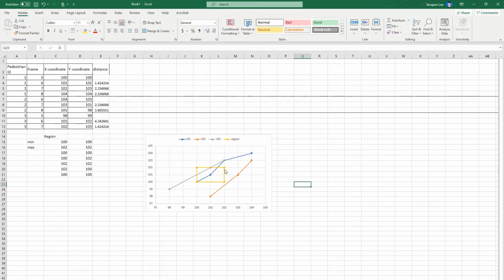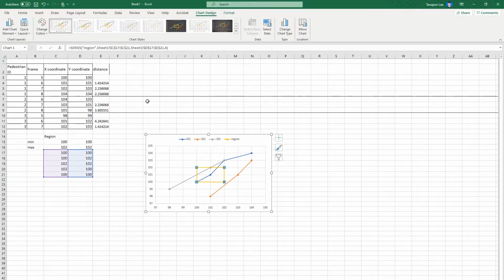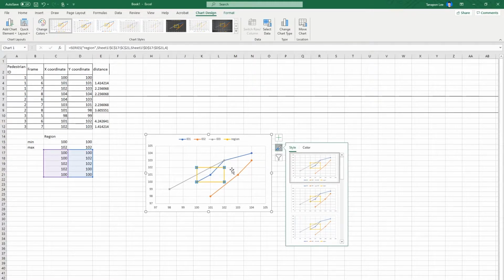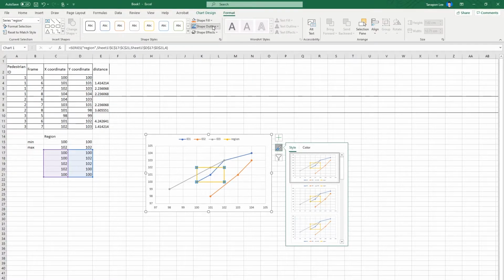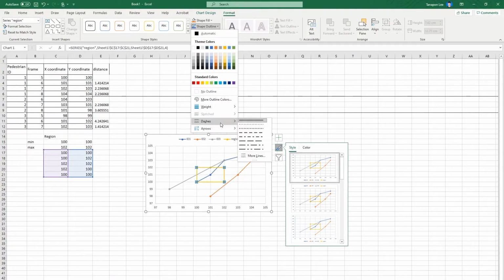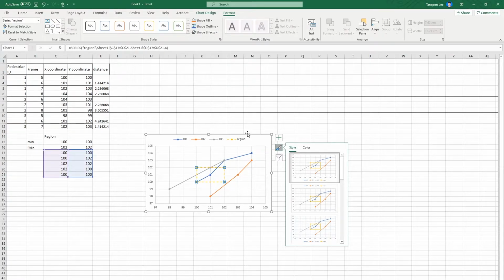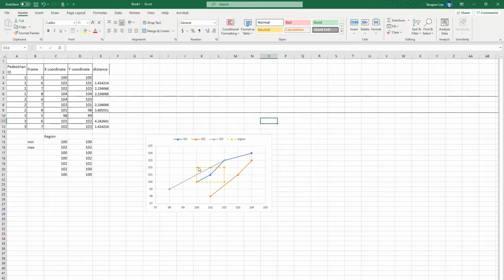Yeah, let's do that instead. Let's do it like that. Yes. So this dash box is the area that we're going to use for the measurement.